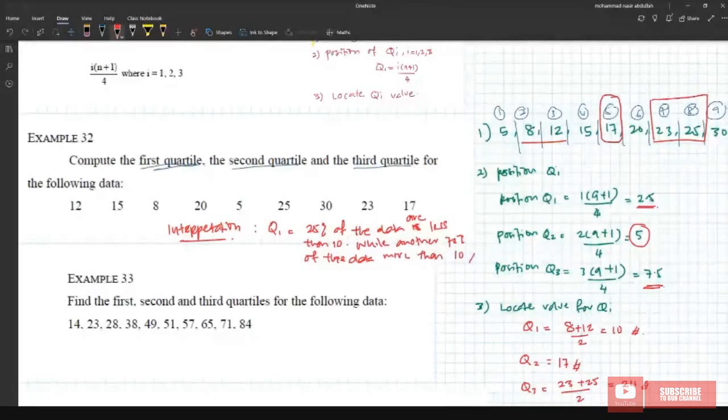So this is how you interpret quartile 1.